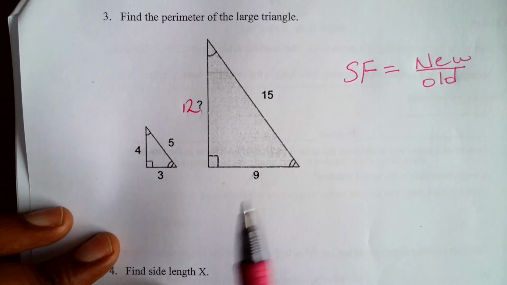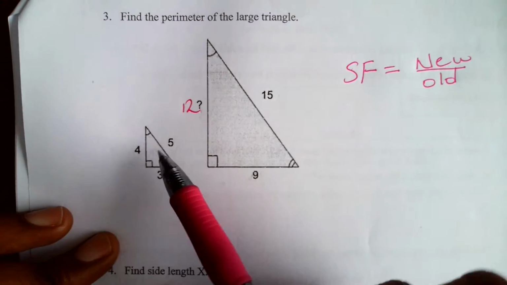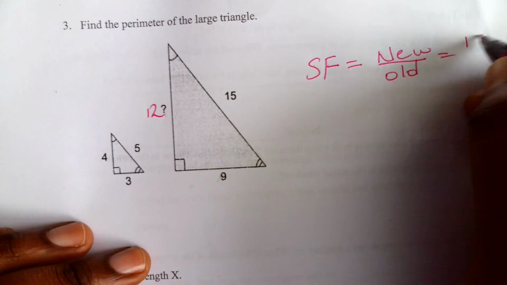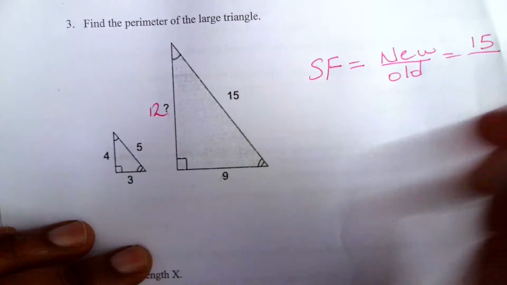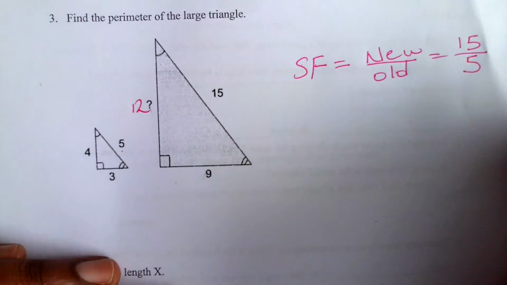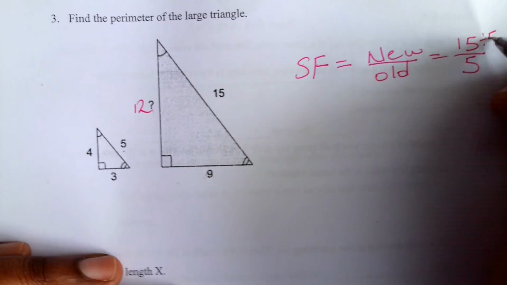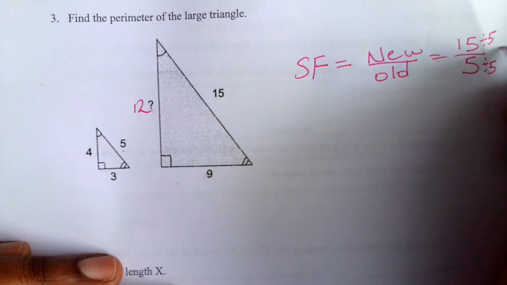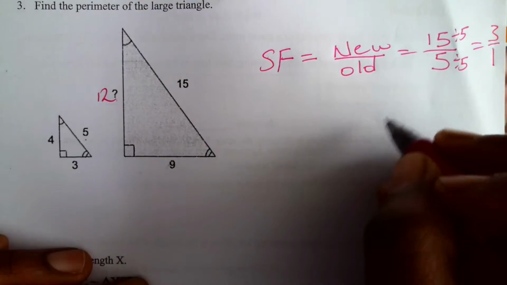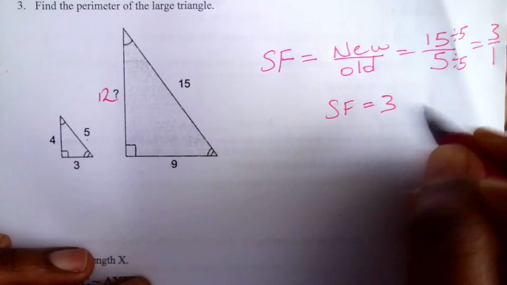So let's use 15 and 5, because these two sides correspond. 15 would be in our numerator and 5 would be in our denominator. Divide top number and bottom number by 5. That's going to give us 3 over 1, which is the same thing as 3. So scale factor equals 3.